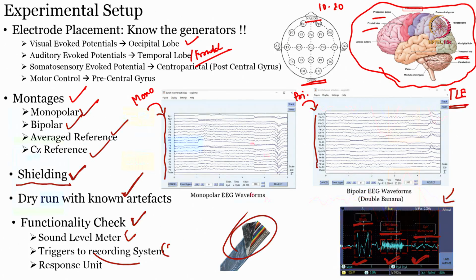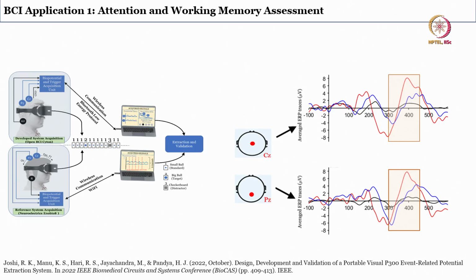Let's quickly see one of them, that is attention and working memory assessment. You can see here a subject is shown a head mounted display or VR. It is just a way to present an image stream. So there are three types of image stream.